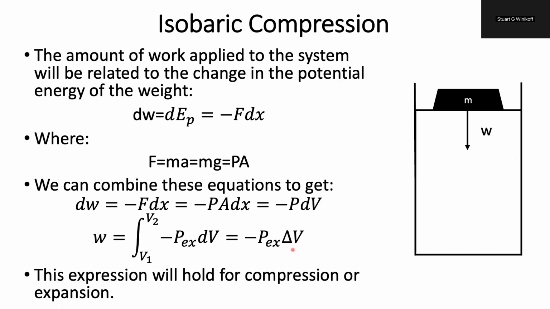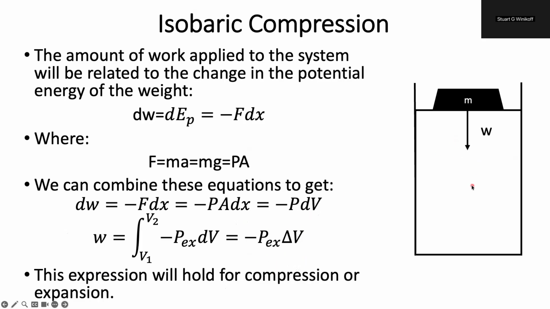It's increasing in volume, which will give me a negative work. Energy is leaving the system. But either way, we can use this term. And as long as that pressure is constant, we can use the simplified P delta V version. So this will work for any case where we have a constant external pressure.